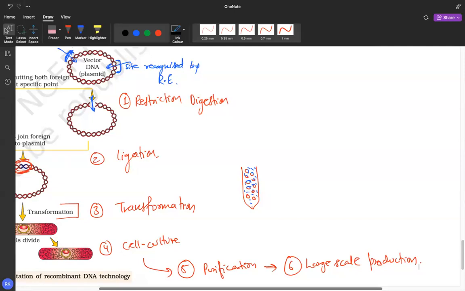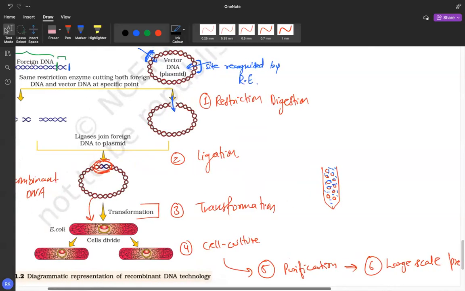So we will dissolve it with something where the pH and all maintains the insulin in its proper form. And then when we inject it into a person's blood, that insulin will be ready to do its function. It will go and bind to different cells in the body and allow the cells to take up glucose from blood. Do you understand what's happening here?